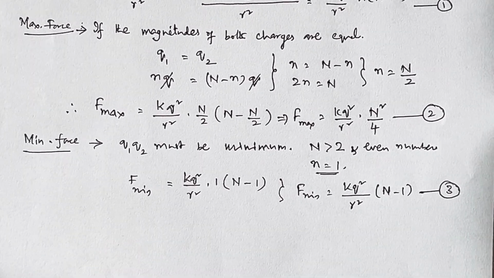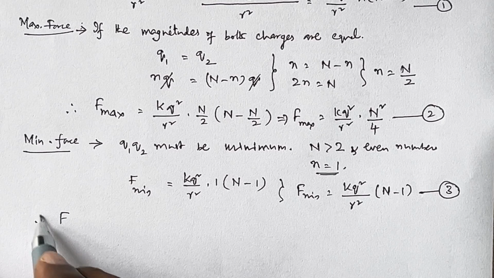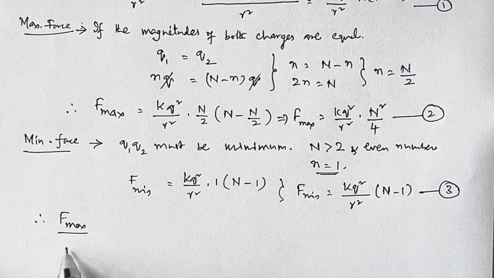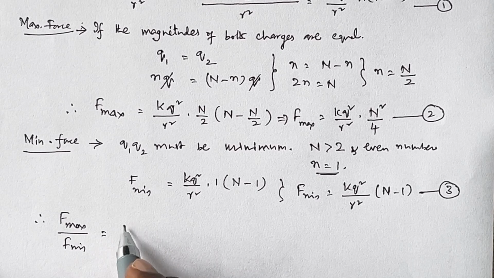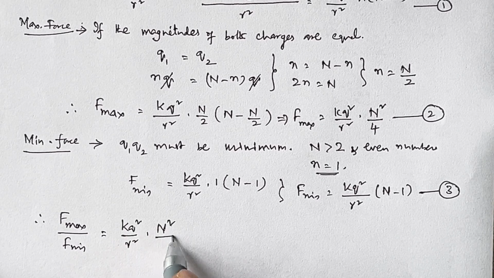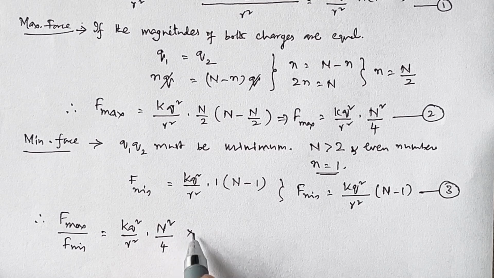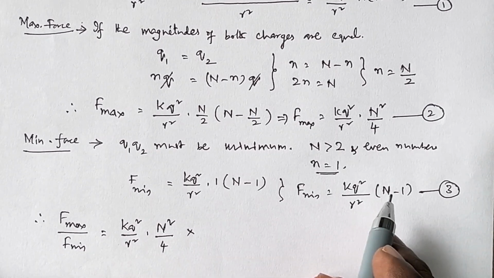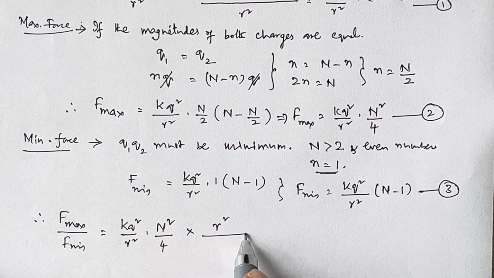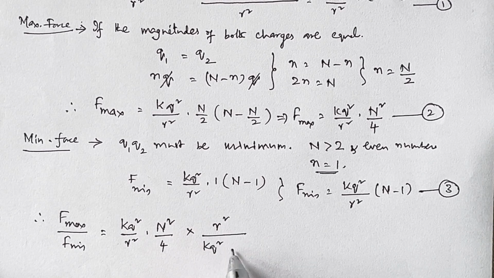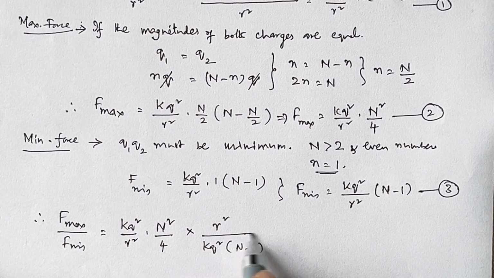So what we've been asked? We've been asked to calculate F maximum by F minimum. Therefore, F maximum by F minimum is equal to F maximum value K Q square by R square into N square by 4, into, this formula we have to write in a reciprocal way because it is division, R square by K Q square into N minus 1.